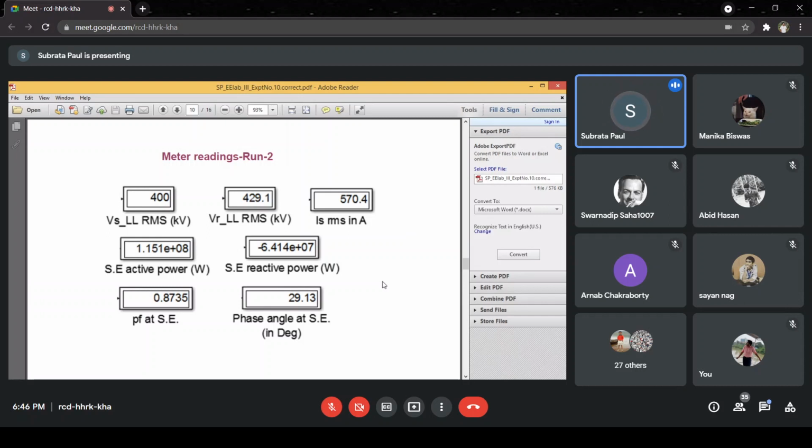Actually, according to power system people, we do not consider inductive and capacitive VAR separately. We consider simply VAR, meaning inductive VAR, whether it is being delivered or absorbed, generated or consumed. In that sense, remember: the transmission line series element absorbs VAR, the transmission line shunt element delivers VAR.